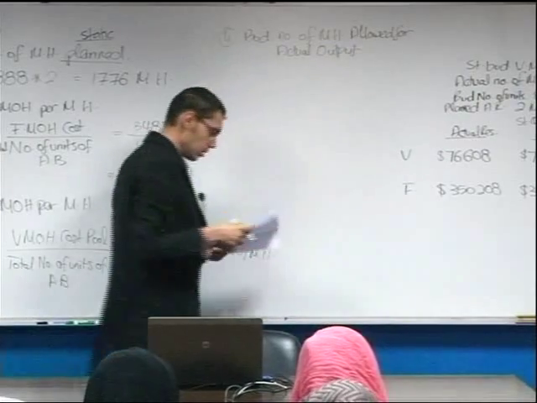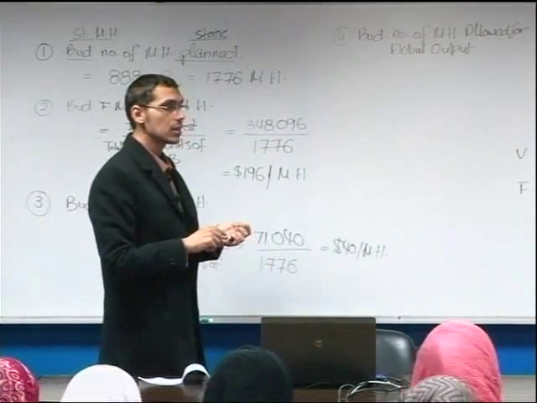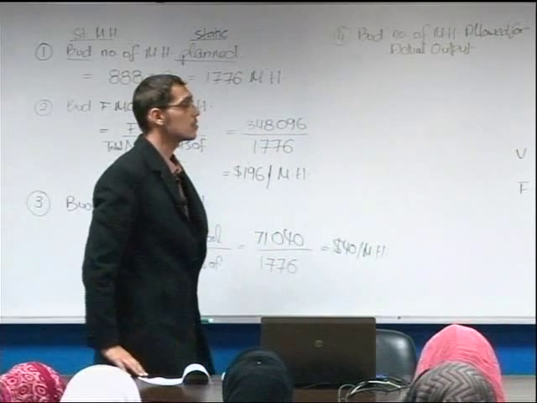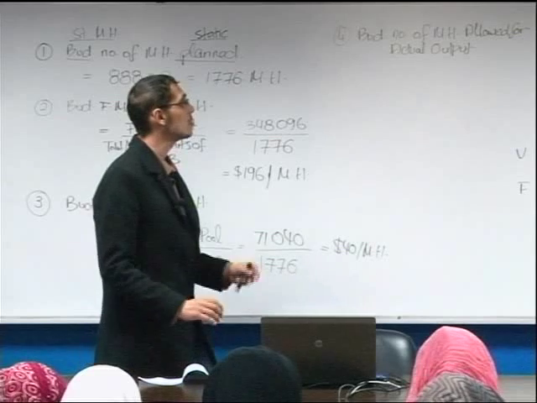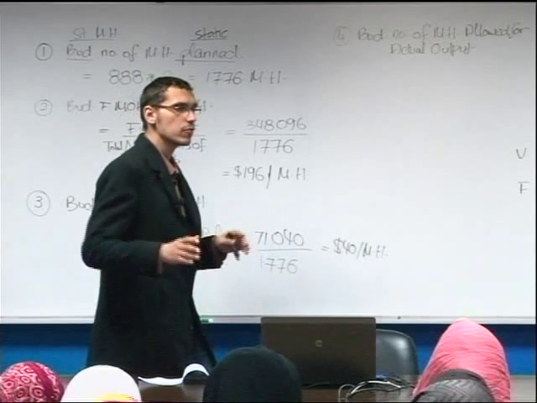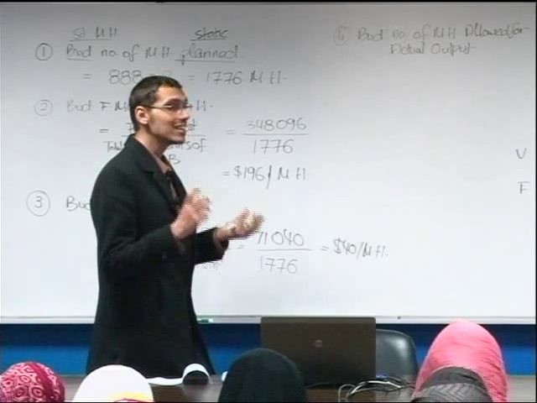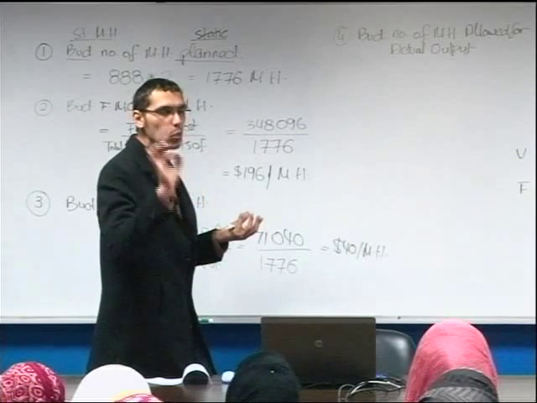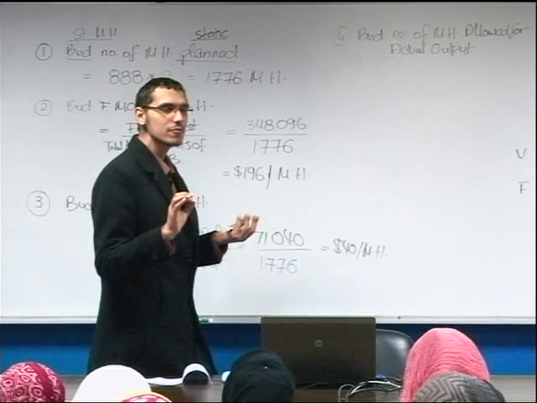How do you think we could calculate this amount? The budgeted number of machine hours. Of course, when they say the budgeted number of machine hours, we are going to use the standard machine hours. But for the actual number of units produced, is this term familiar?